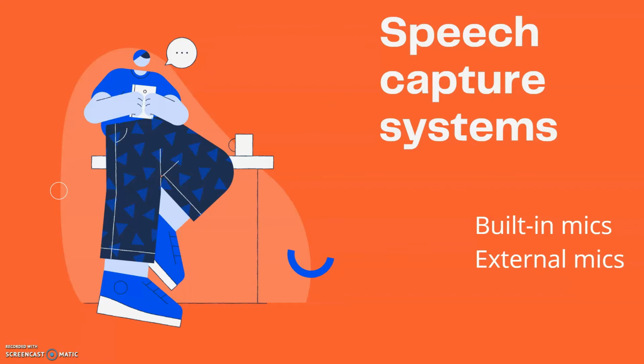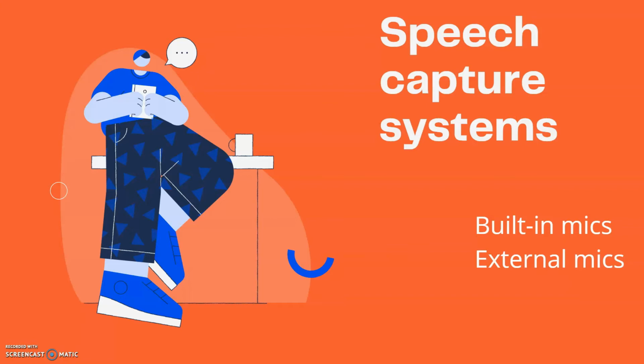The challenge with built-in capture systems is that they limit you in terms of the actual distance between the microphone and your mouth. And as we learn later, that distance is quite essential, especially when it comes to clarity and the ability to filter out any external background noise.